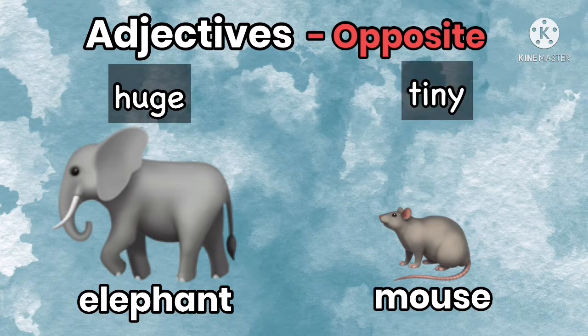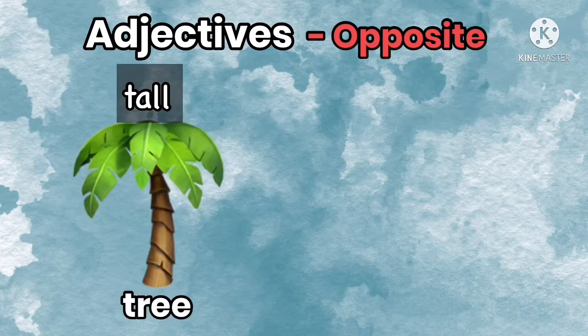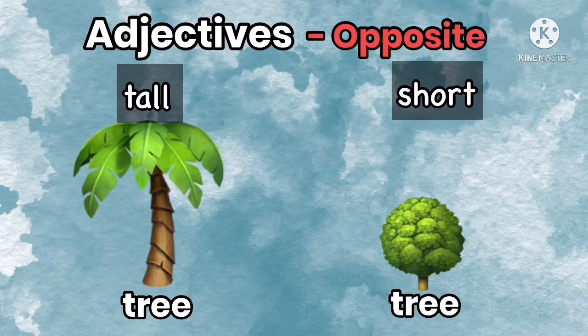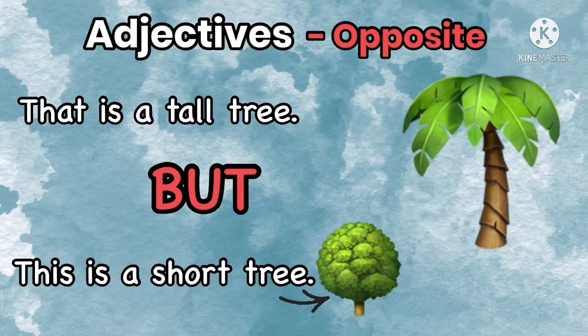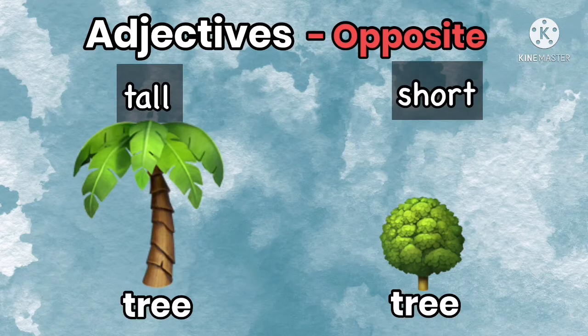The next example, a tall tree. Now, the opposite of tall is short. So, that is a tall tree. But this is a short tree. So, the opposite of tall is short.